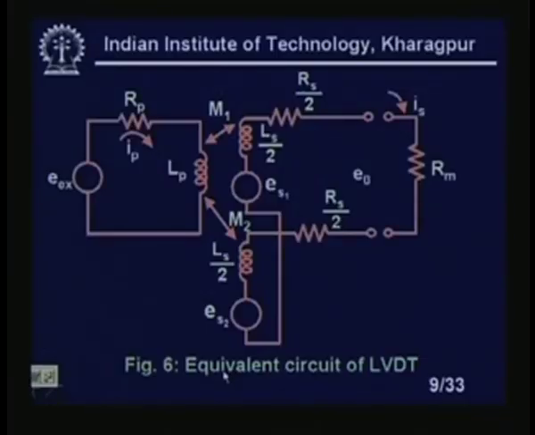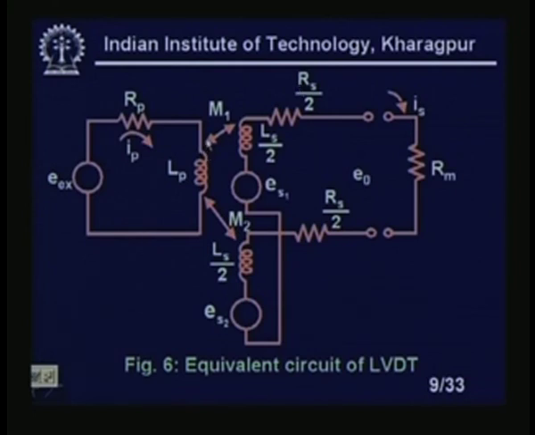This is our equivalent circuit of the LVDT. This inductance is Lp, the primary inductance, this is the primary resistance Rp, and this is the excitation voltage Ex. There are two secondaries. If you assume the two are exactly identical, I can take this inductance as Ls by 2 and this resistance as Rs by 2, so we get a simplified equation.